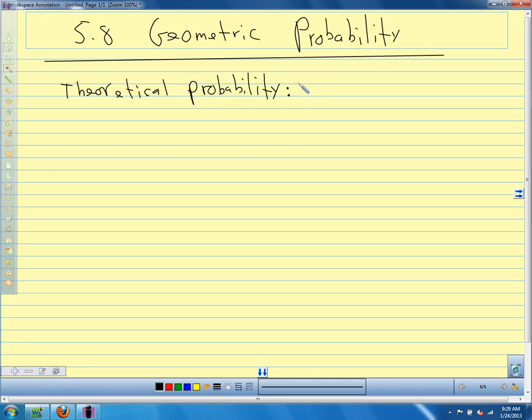Did anybody remember how we calculated probability, just the very simplest way? We had something that we said a lot about probability. It was a fraction. We made a fraction of two things.